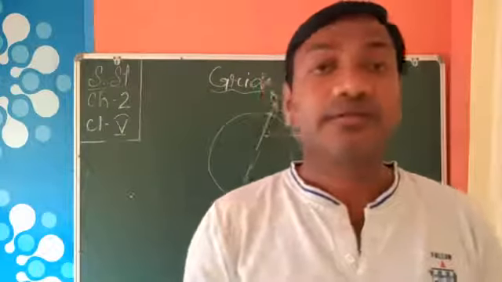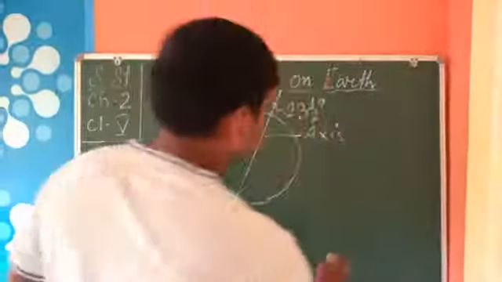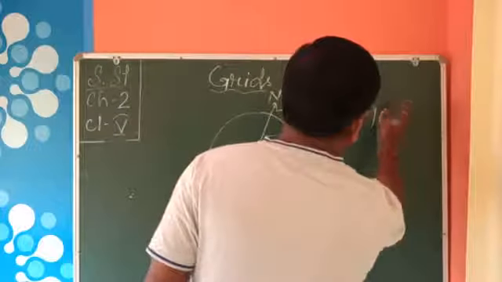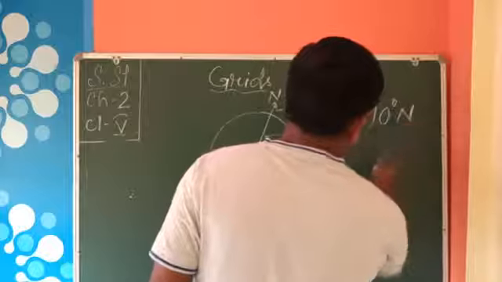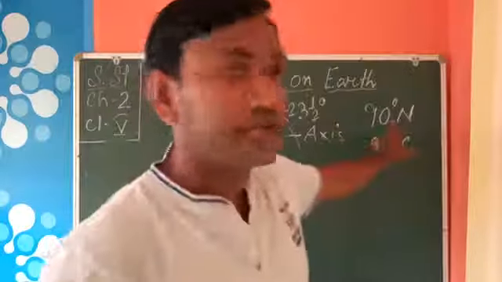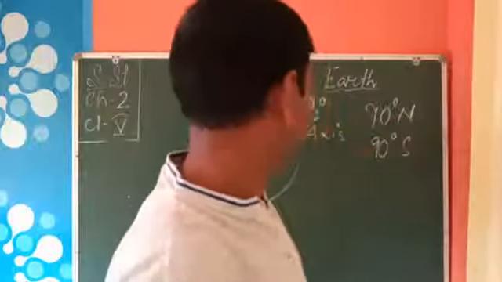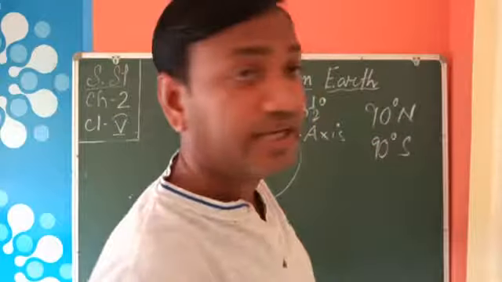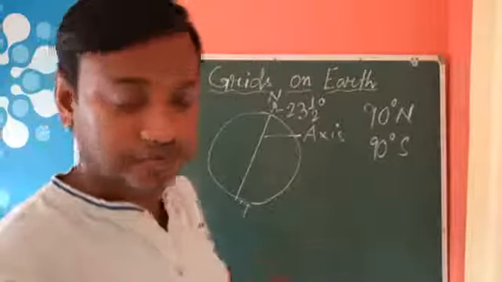It is marked as 90 degrees N, that means 90 degrees north, and 90 degrees S, which is 90 degrees south.